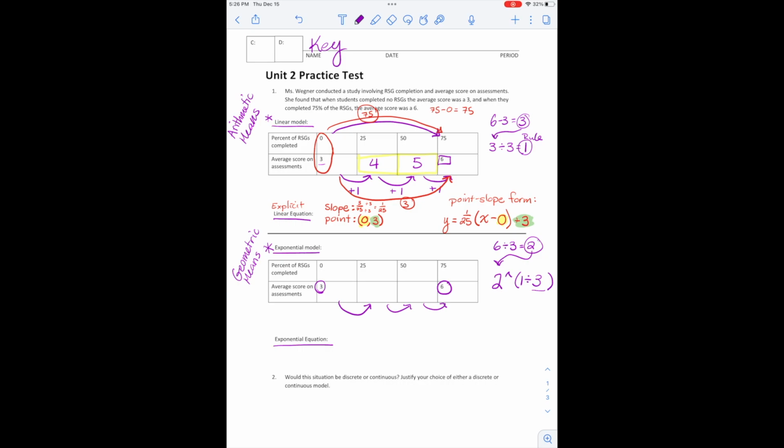And when I do that, it's going to give me a really weird number on the calculator, and that's okay. That's going to be what I multiply by. You can do it on the calculator because this is approximately equal to 1.26.